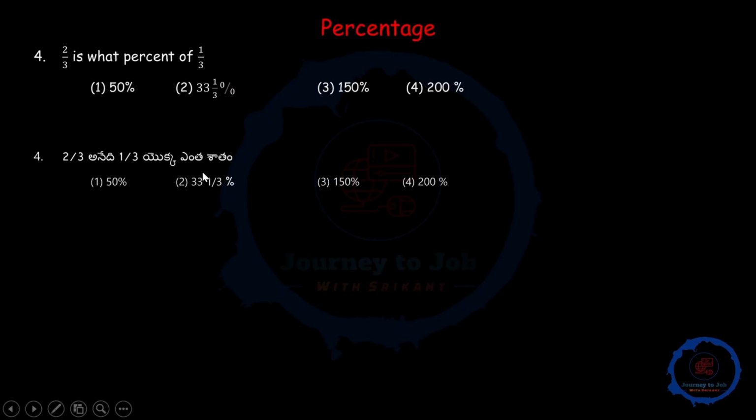Now question number 4, 2/3 is what percent of 1/3? This question is basically, suppose x is what percent of y, means x by y into 100 will give you the answer. Similarly 2/3 is what percent of 1/3 means 2/3 by 1/3 into 100.